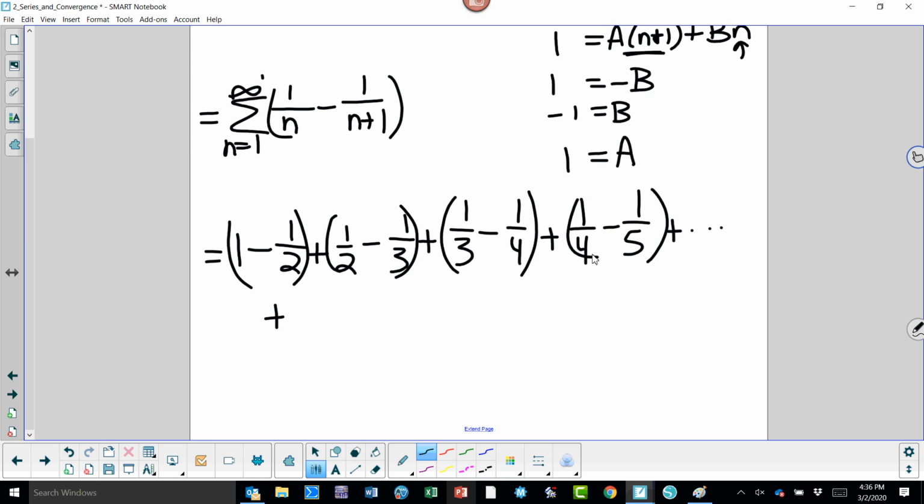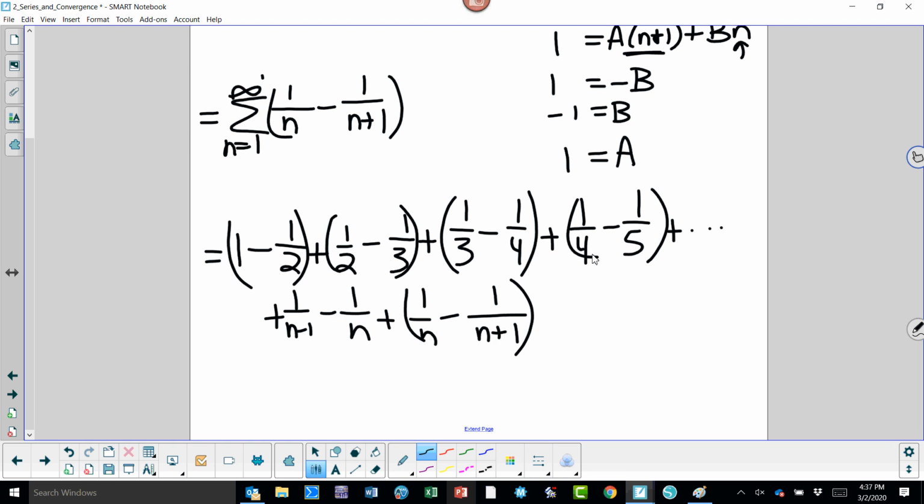So the very last set of terms would be 1 over n plus 1 and 1 over n minus n plus 1. So the term right before that would be 1 over n minus 1 minus 1 over n, because I would just be at the n minus 1 term. So I'd get all of these terms, and then the end would be this.